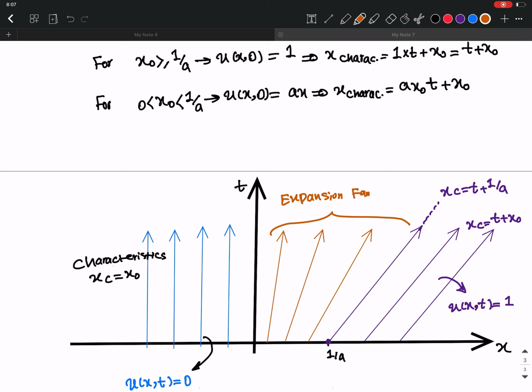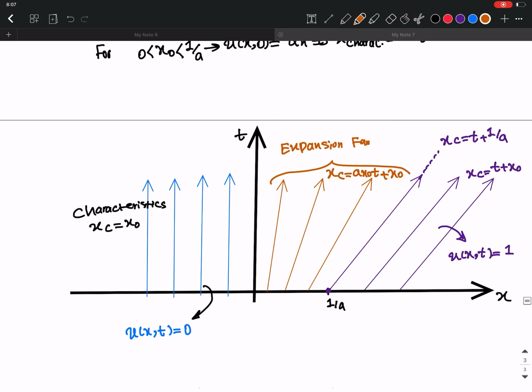The characteristic here is going to be a x0 t plus x0, right? And the solution u(x,t), we don't know. We have to find it.